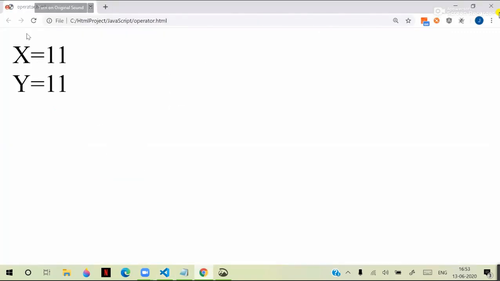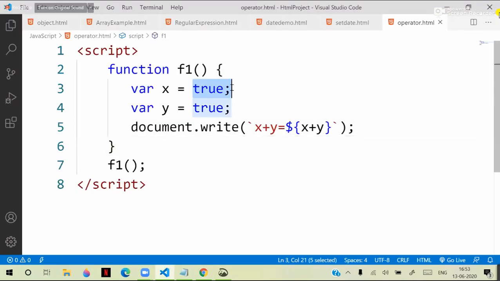I will refresh here and it returns 2. It's a number. Why? Because true is 1 and true is 1, so 1 plus 1 is 2. That's how it handles the expression. So you should know that difference.